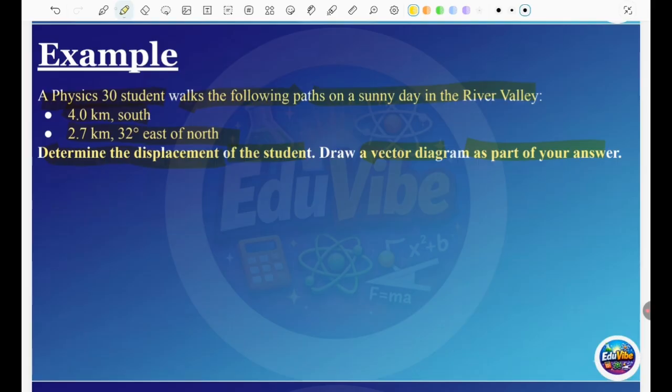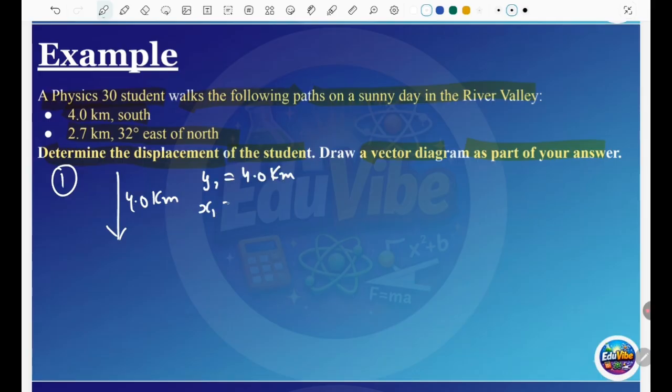The south direction, we know, is this, and they go 4.0 kilometers. South is the y direction, you know. So our y1 is given to us, which is 4.0, and our x1 is not there, so it's 0.